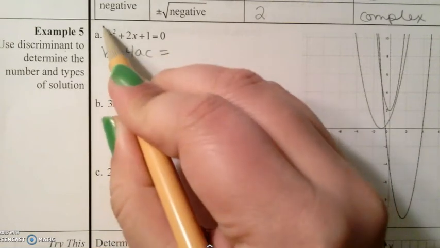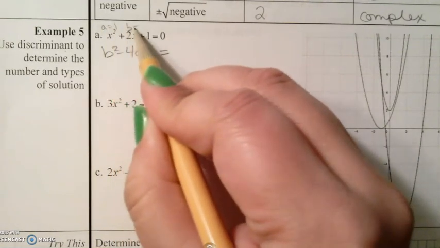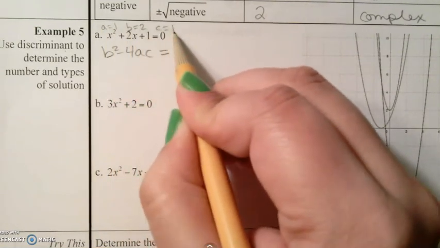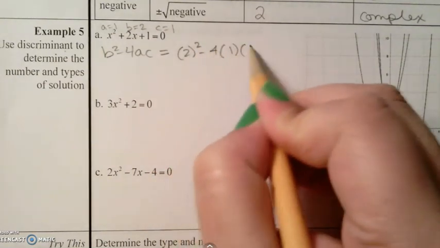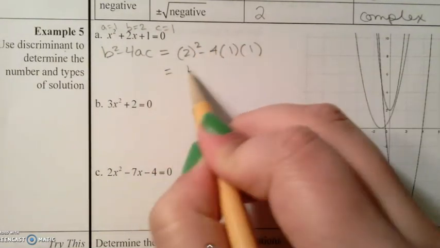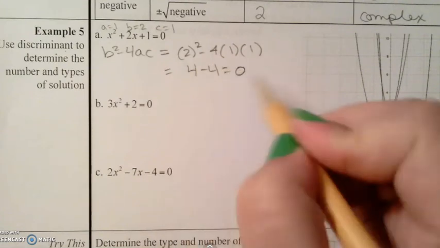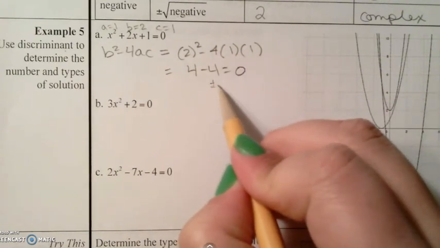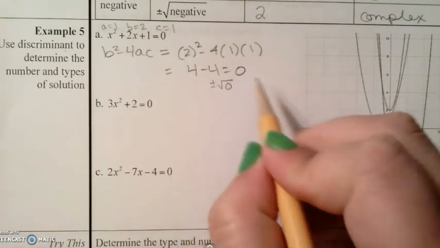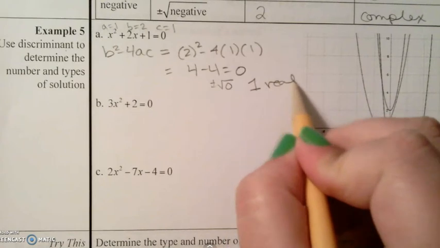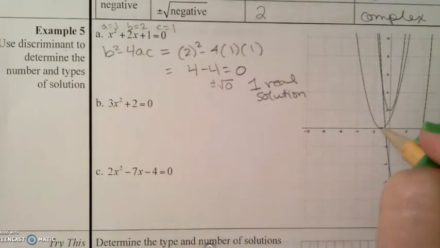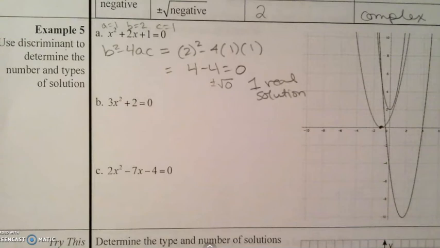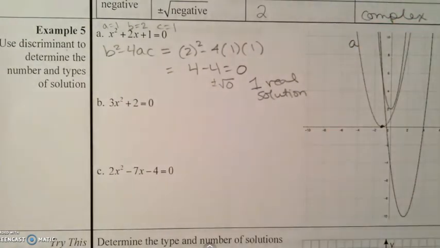So we're going to say a is 1, b is 2, c is 1. b squared minus 4ac, 4 minus 4 is 0. Now remember, if I had plus or minus the square root of 0, it gave me one real solution. And that looks like a parabola that just touches the x-axis but doesn't cross. So that would be the graph of A.